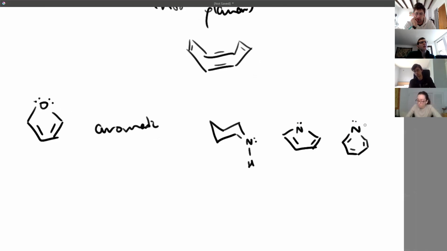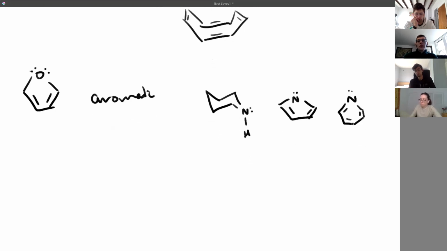No, that doesn't have a plus, actually. This is just normal pyrimidine. A common thing to ask is, which is the most basic or least basic? I guess just rank basicity.